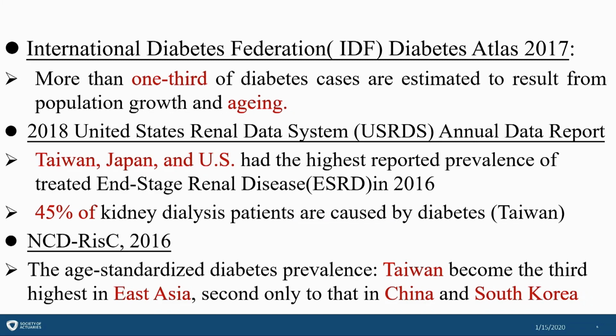And in Taiwan, 45% of kidney dialysis patients are caused by diabetes. Also, you can see the NCD report: according to the age-standardized diabetes prevalence, Taiwan is the 3rd highest in East Asia.